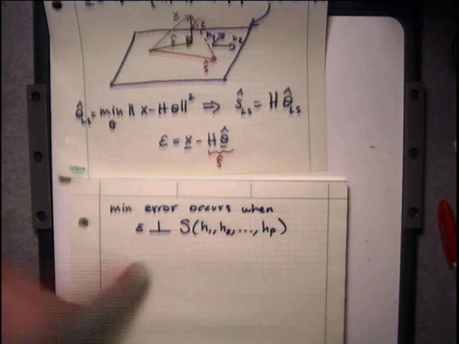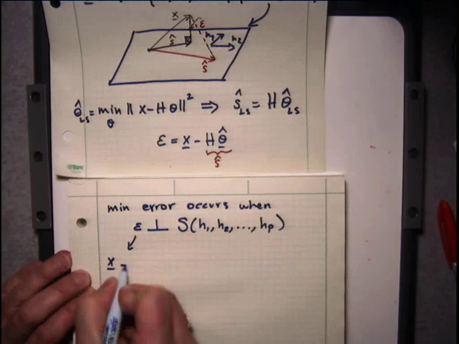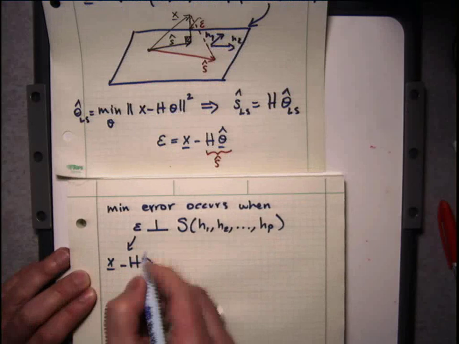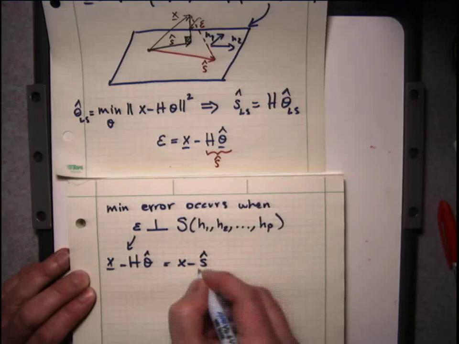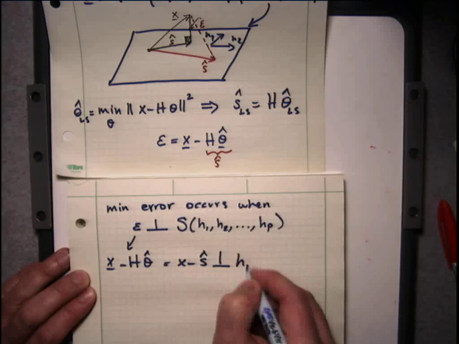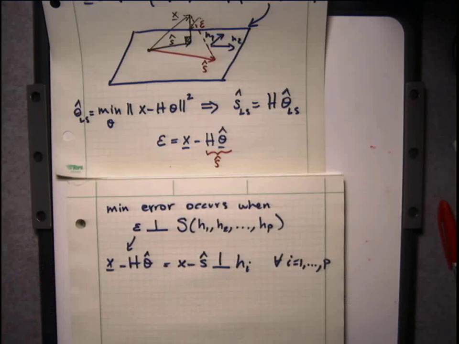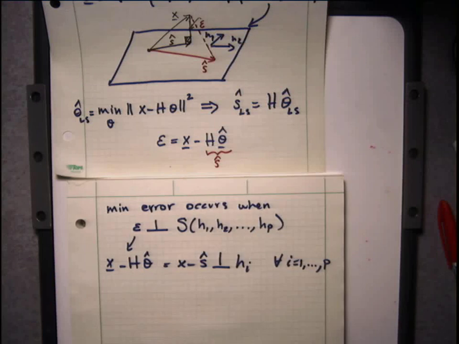Okay, so how do we write this? This is, remember, x minus h theta, or x minus h theta hat. So this is x minus s hat. In order for this to be true, I want this to be perpendicular to h_i for all i equals 1 to p, right? Because if the error is perpendicular to the space, then it must be perpendicular to all the vectors that span the space. Right? So I write this down.